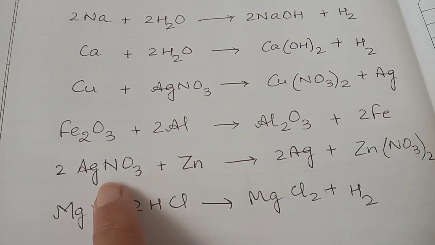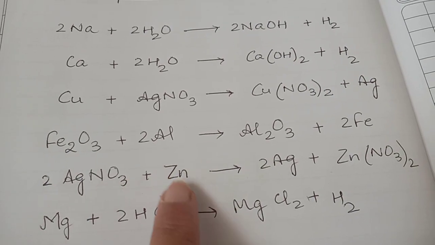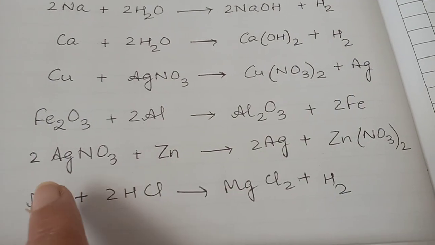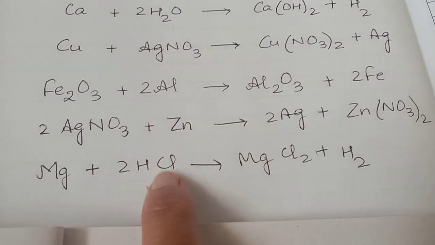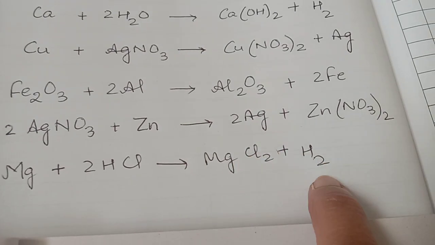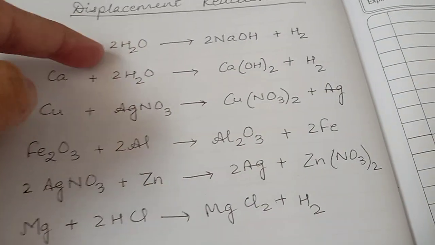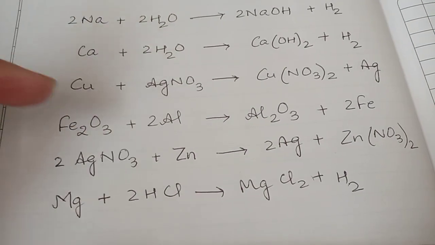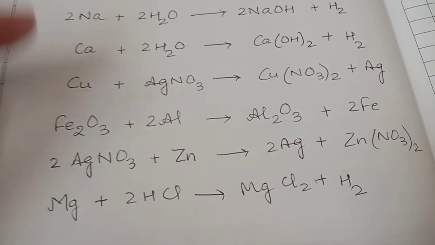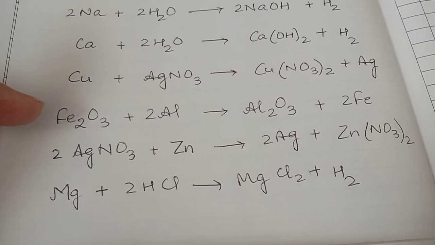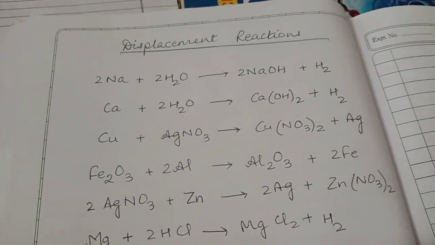Another reaction is silver nitrate plus zinc giving silver and zinc nitrate. Here, magnesium plus hydrogen chloride gives us magnesium chloride and hydrogen. In all these reactions you will see that the more reactive metal or element displaces the less reactive element or metal from its compounds.